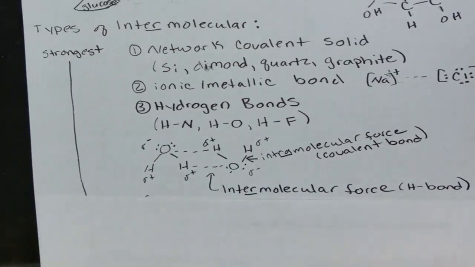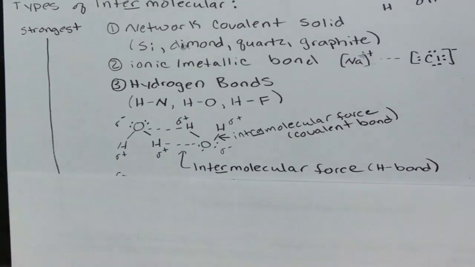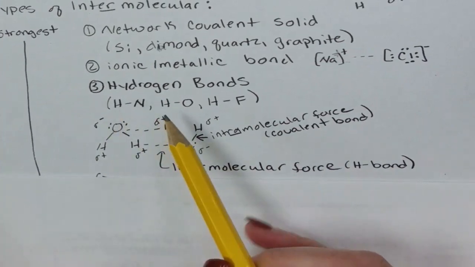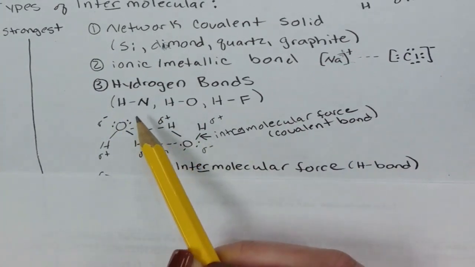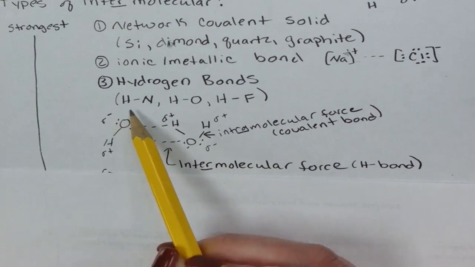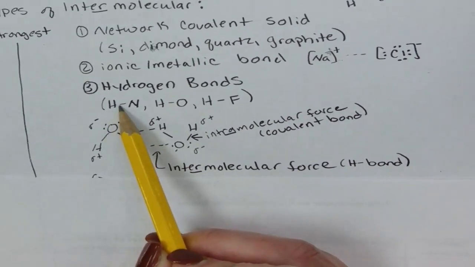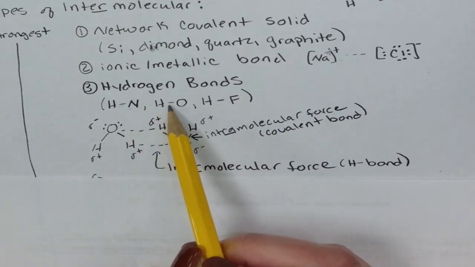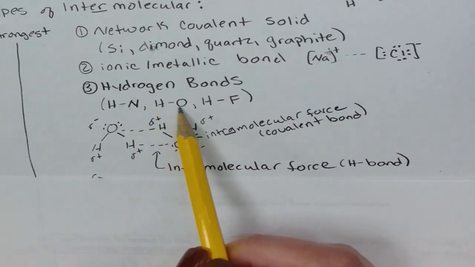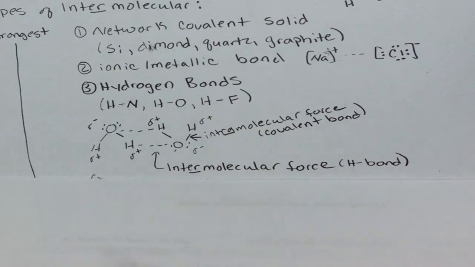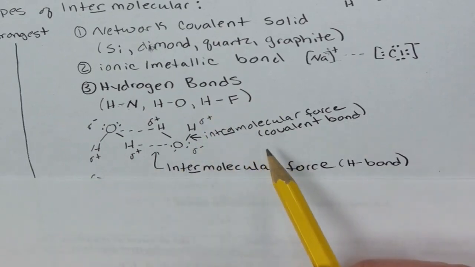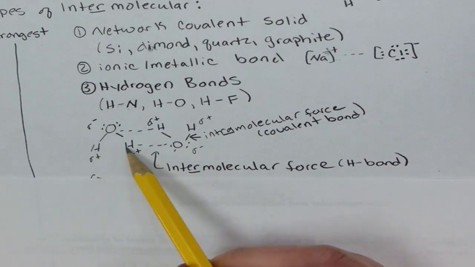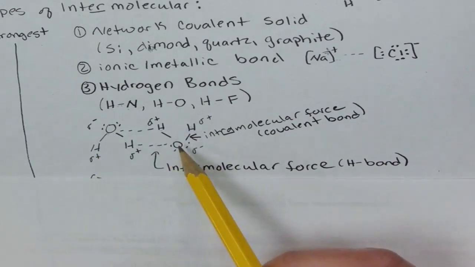A hydrogen bond really tricks students up as well. A hydrogen bond is a force of attraction when a compound has a hydrogen combined to a nitrogen, a hydrogen combined to an oxygen, or a hydrogen with a fluorine. So when we look at water, for example, I have two particles of water here, H2O, H2O.